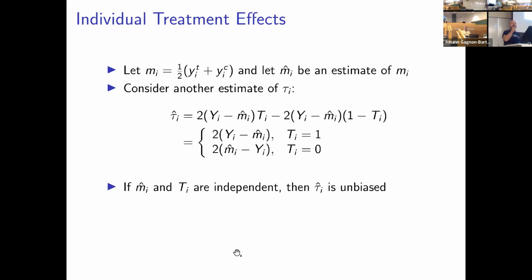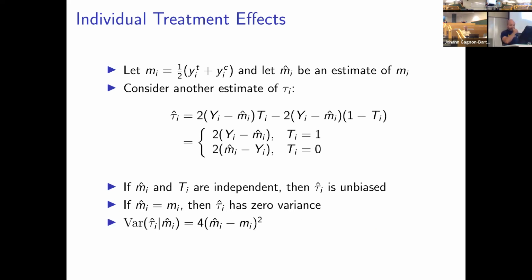For basically the same logic, as long as this M_i hat and the T_i are independent, then the tau I hat is again unbiased. In fact, if you get M_i hat exactly right, then your tau I hat has 0 variance. More generally, the variance of the tau I hat depends on the squared error of your estimate of the M_i.